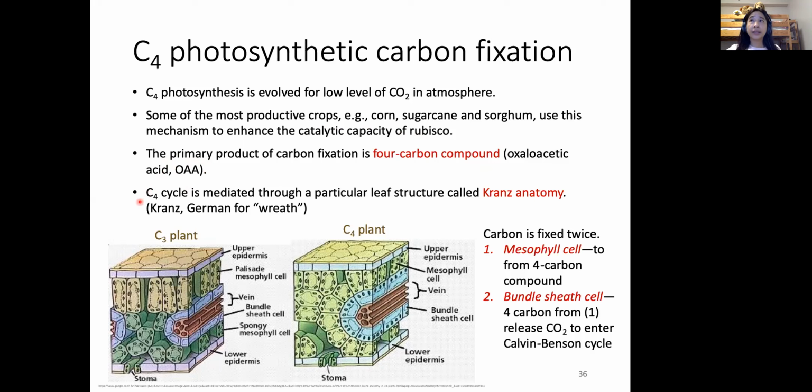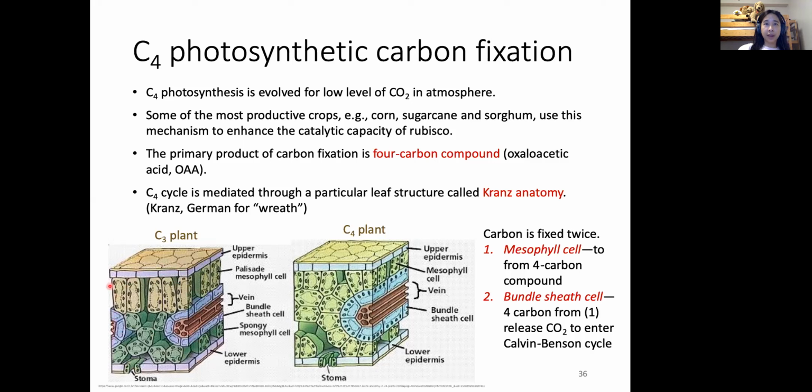The C4 cycle is mediated in different compartments, and those compartments have structure right here. If you cut the leaves of C3 plants, you will see a structure like this.